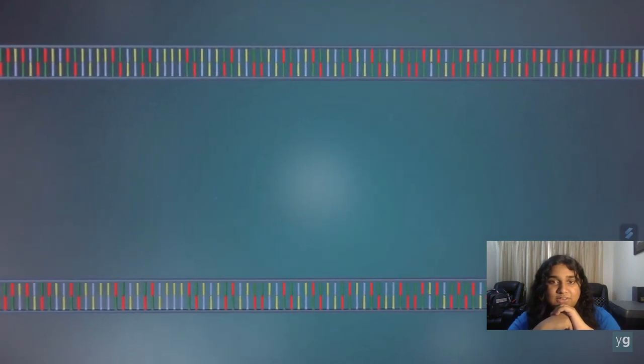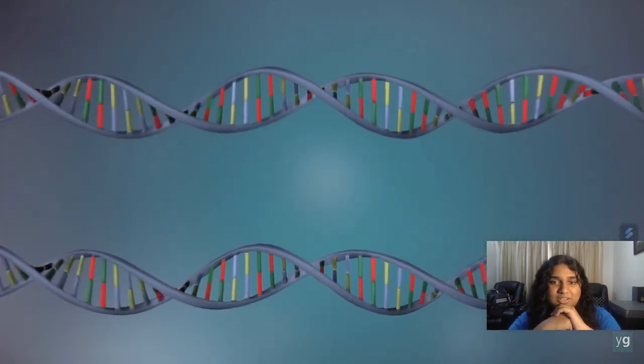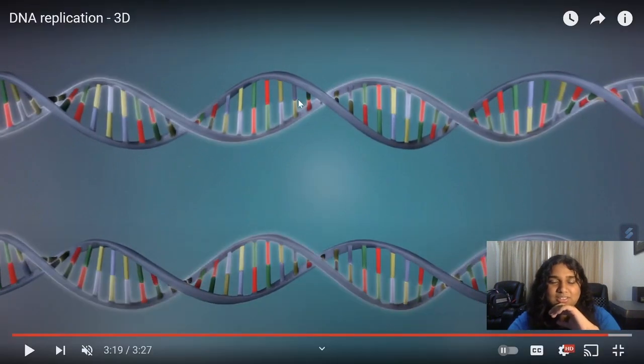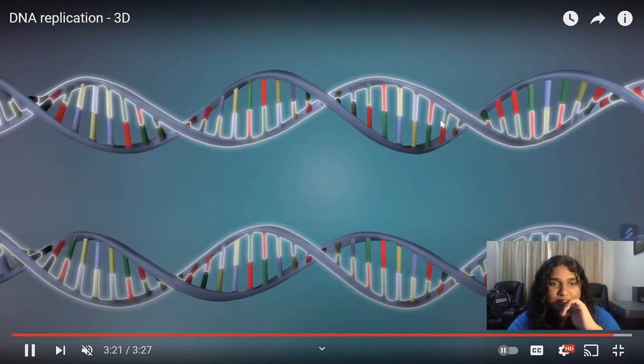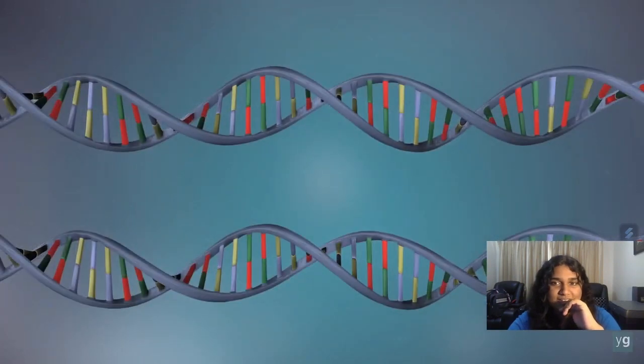So it connects together all of the Okazaki fragments. Once completed, the two identical DNA molecules will spiral into a double helix again, forming a new strand and a copied strand. And that's it.